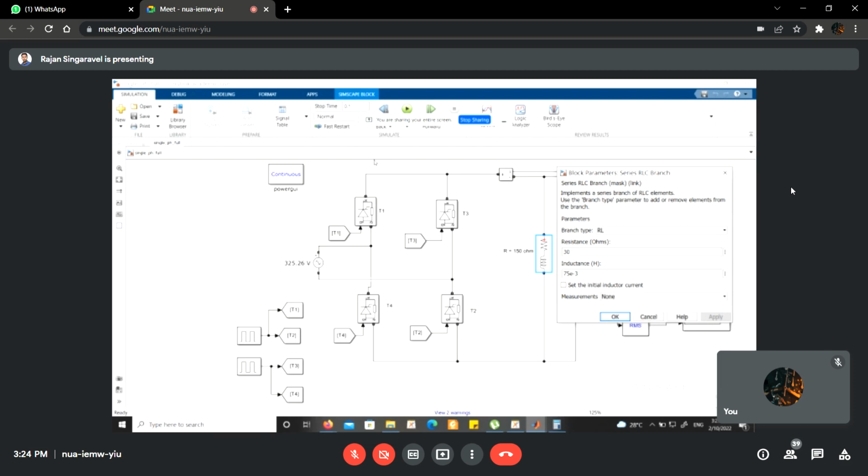So obviously the load angle is greater than the firing angle. Sorry, I mean the firing angle is lesser than your load angle.